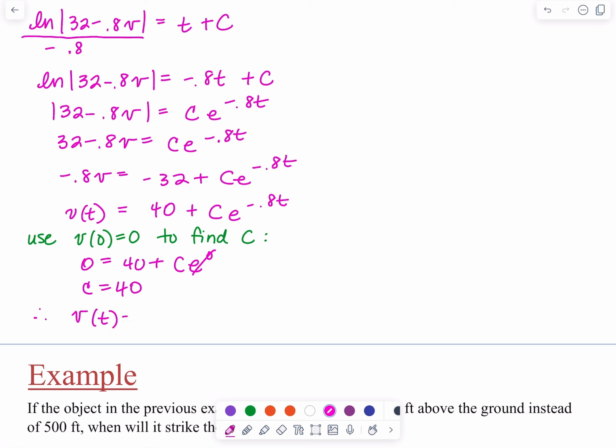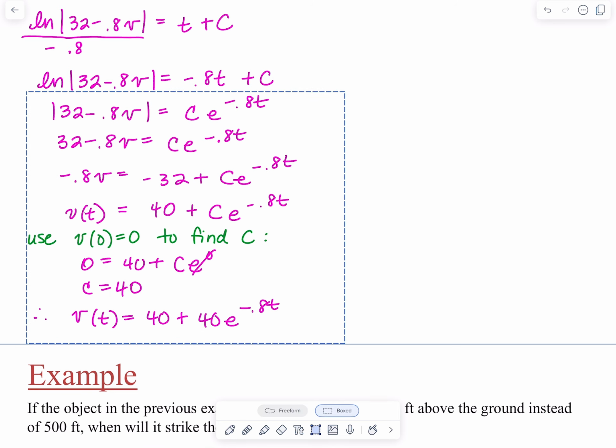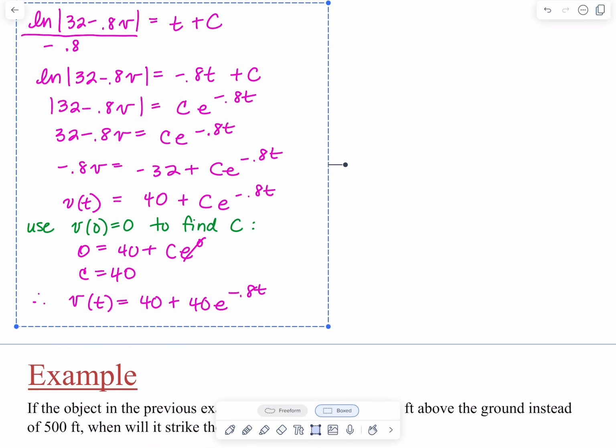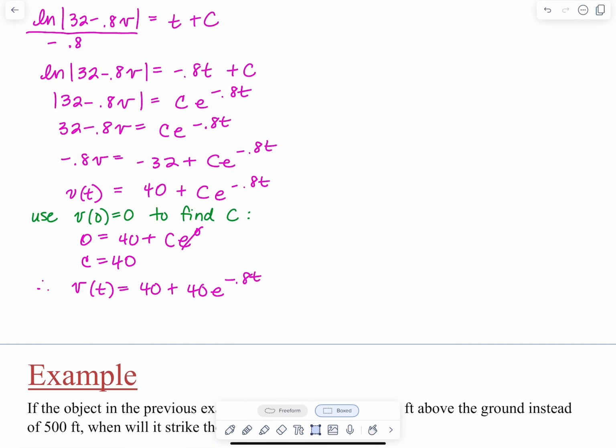Therefore, V of t is equal to 40 plus 40 e to the negative 0.8 t. And we could also simplify that if we wanted and just say that V of t is equal to 40 times 1 plus e to the negative 0.8 t.